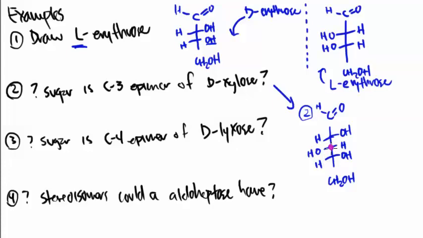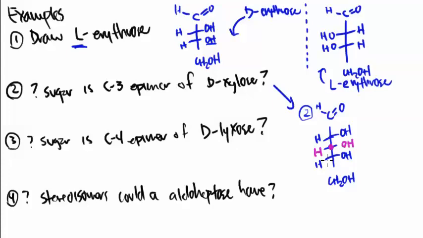That means that this carbon needs to be flipped for me to identify what that sugar is going to be. So I take my OH group and I take this H group there and I just flip their sides. So OH and H.